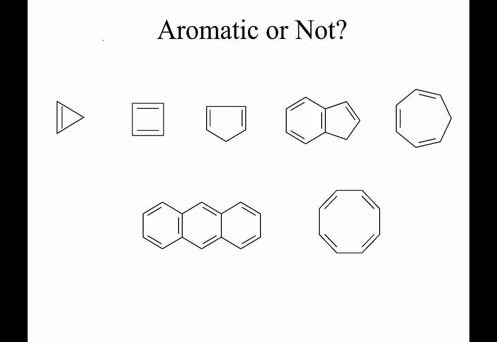Non-aromatic is kind of in between. So what we have to do when we look at these is take into account the fact that a molecule will not willingly become super unstable if it can do anything about it. Okay.